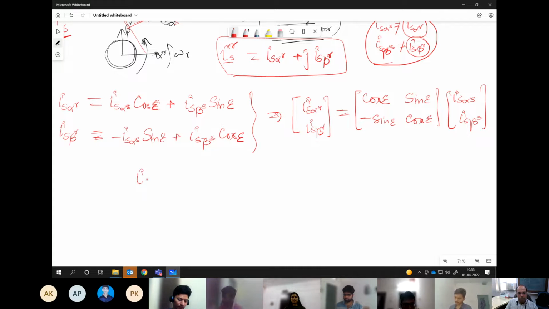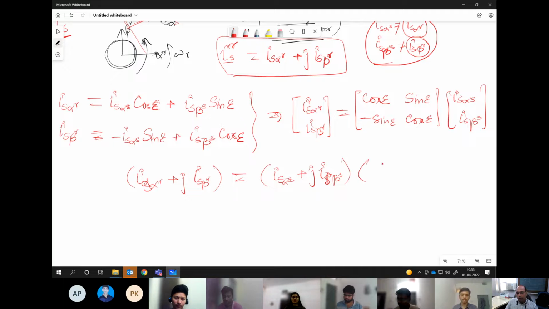If you write this in terms of real and imaginary components, finally it will come down to IS alpha R plus j IS beta R is equal to the product of IS alpha S plus j IS beta S times cos epsilon minus j sin epsilon.